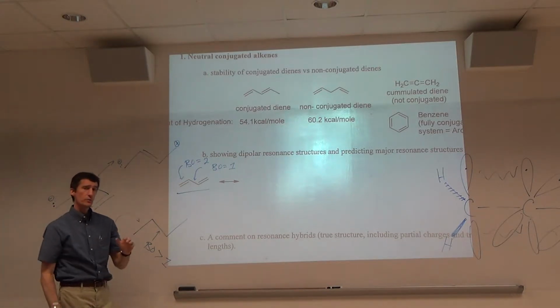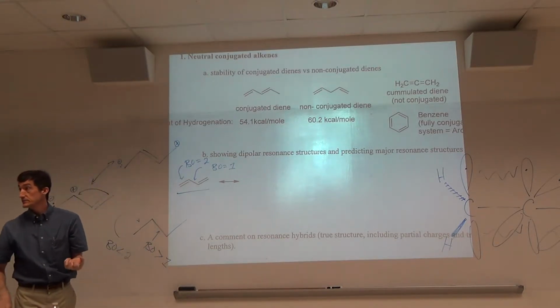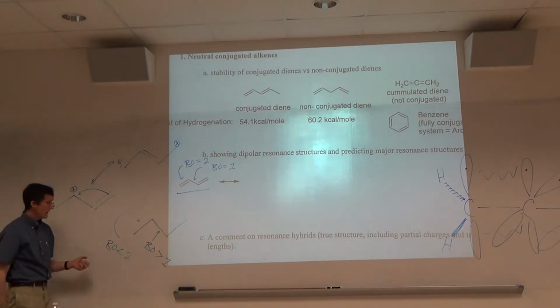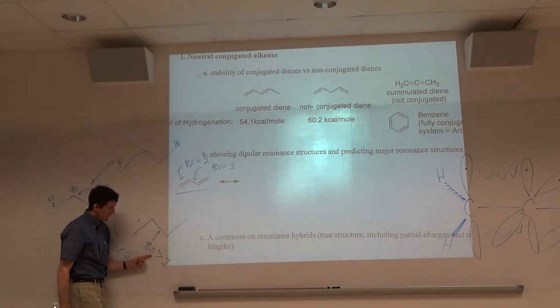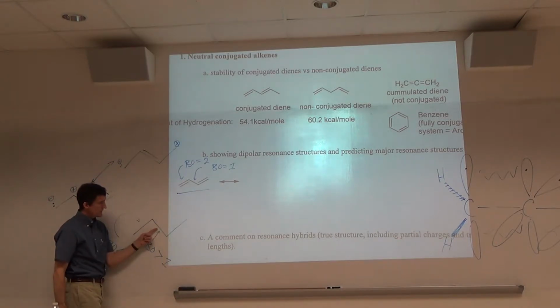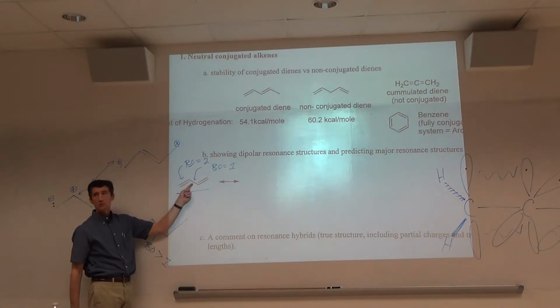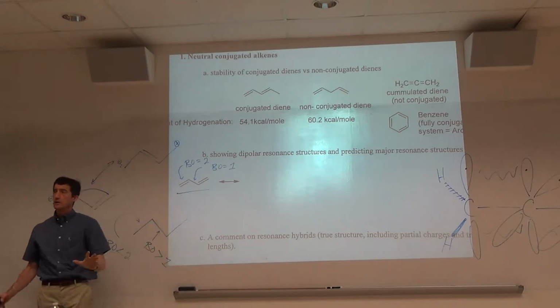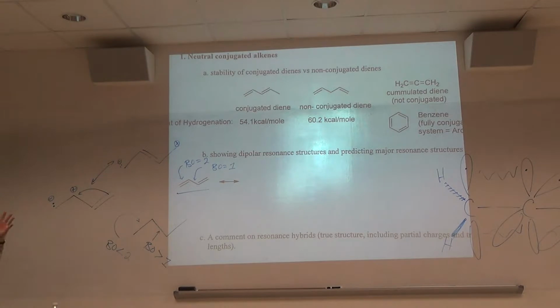Now your bond order is going to equate to your bond lengths. Since this is greater than 1, is this single bond here longer or shorter than most single bonds? The more the bond order, the more double bonding. And the more double bonding, the shorter you get. Because double bonds use sp2, okay?